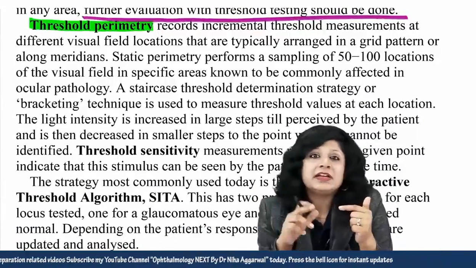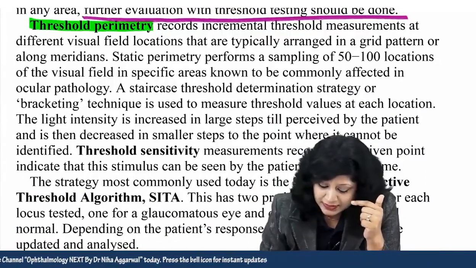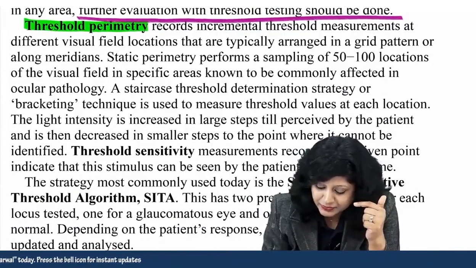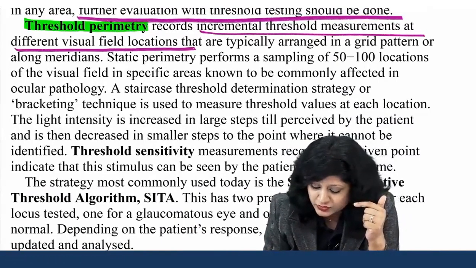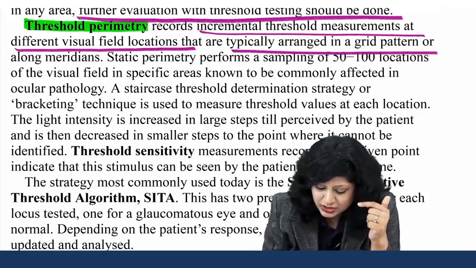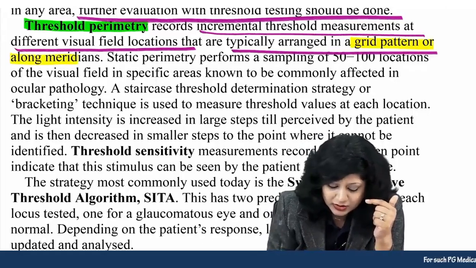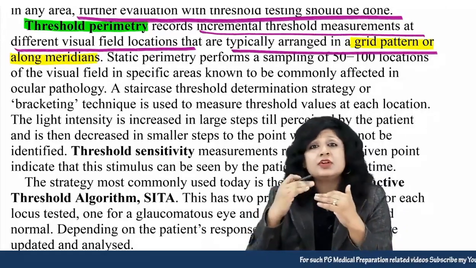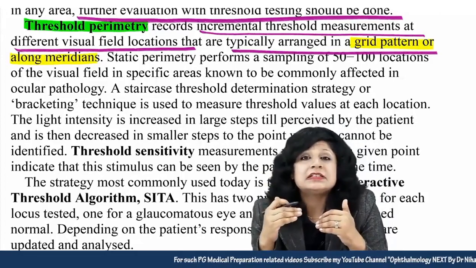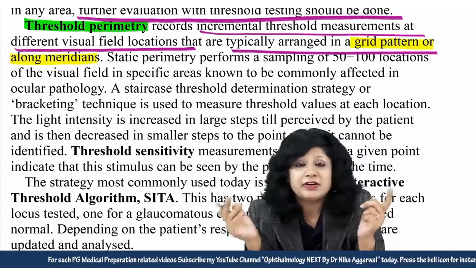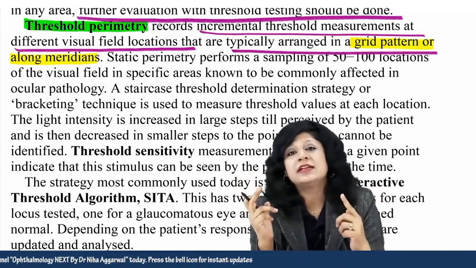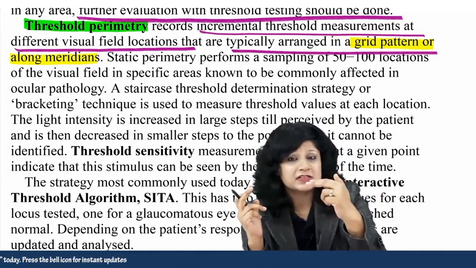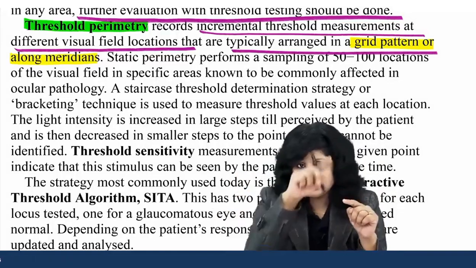Now the other one is your threshold perimetry. Threshold perimetry is actually recording the incremental threshold measurements at different visual field locations, typically arranged in the grid pattern or along the meridians. Now this is giving you the stimulus in increasing thresholds at the different locations, and these different points are scattered either in the grid pattern or in the different meridians.